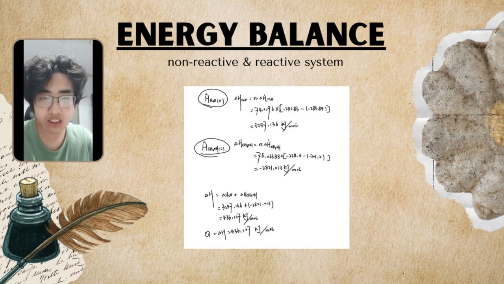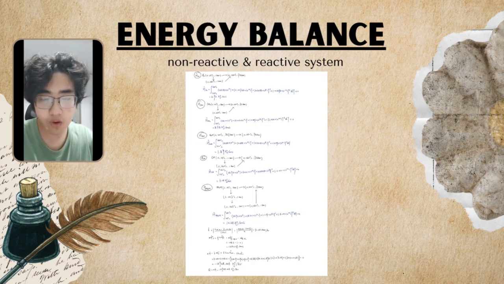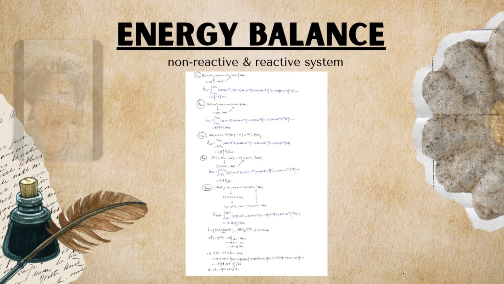By applying energy conservation, we ensure that the total energy entering a system equals the total energy leaving the system, accounting for any accumulation or losses. This allows engineers to analyze, design, and optimize various unit operations with accuracy and consistency.